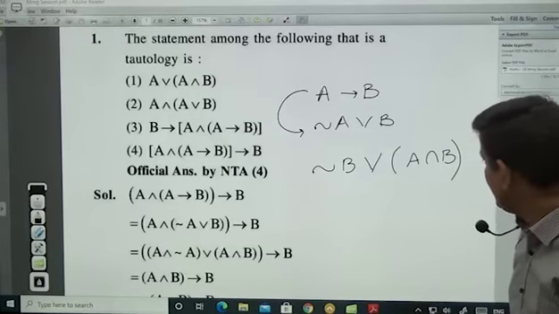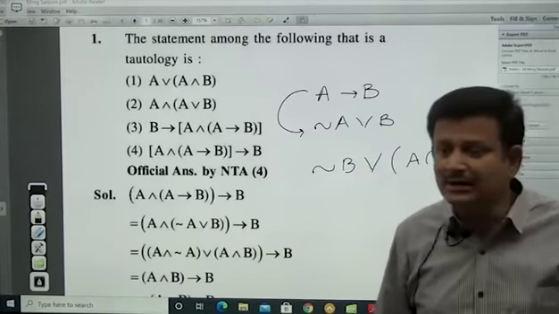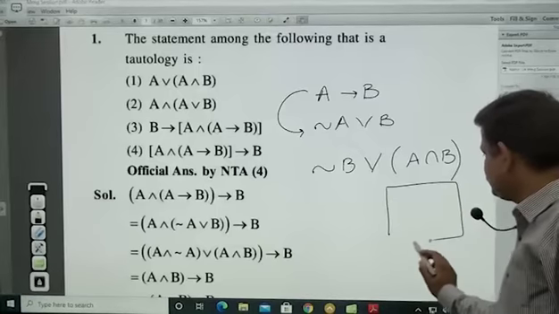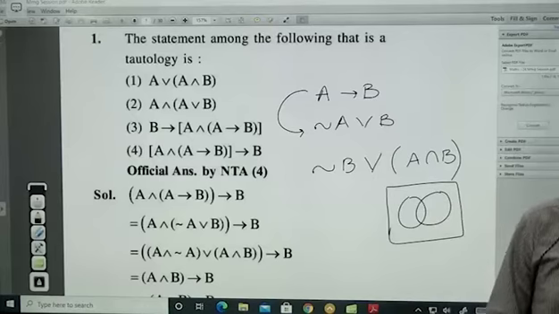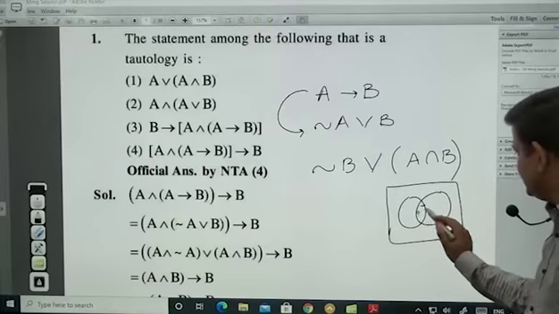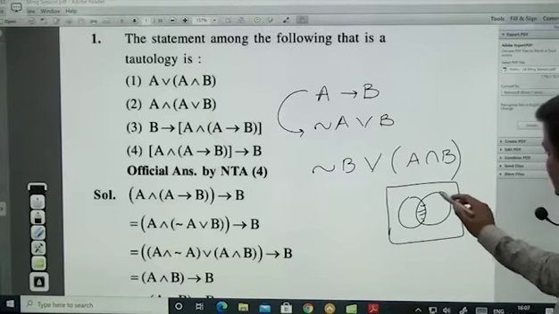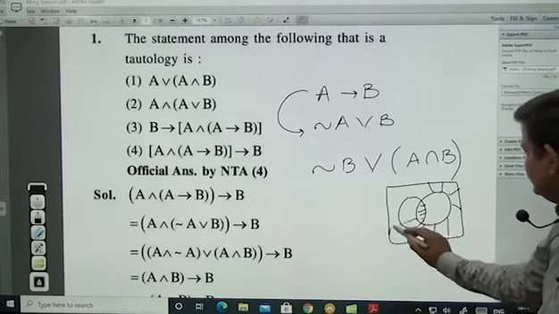Are we right? A intersection B. What all are there in that? If you look at your Venn diagram, this is A, this is B. A intersection B is this space. Negation B is which space? Everything outside B is your negation.